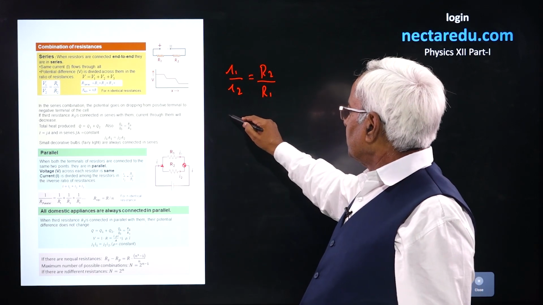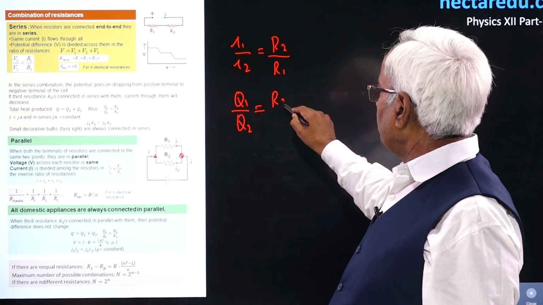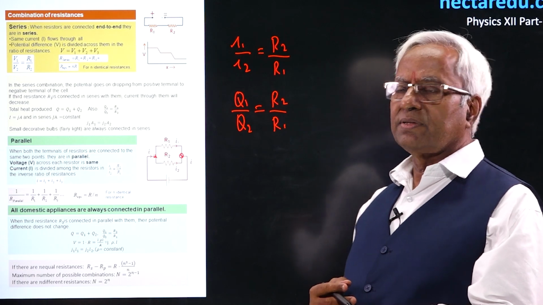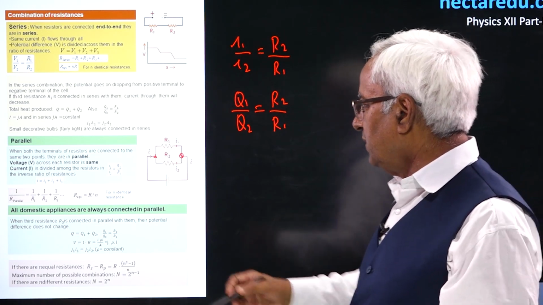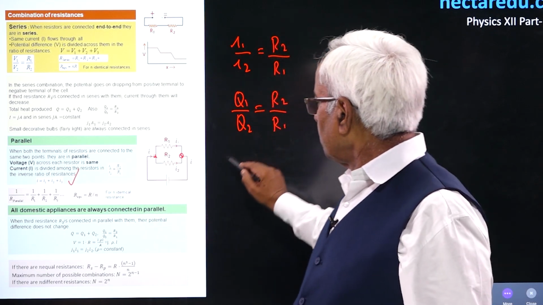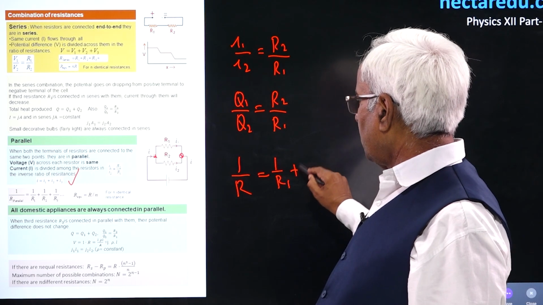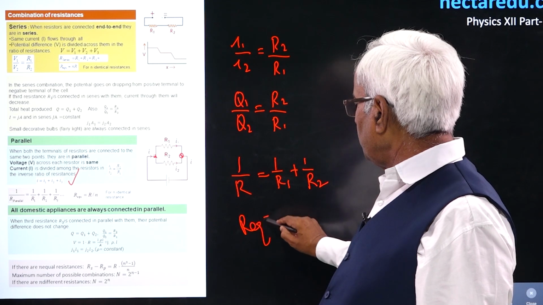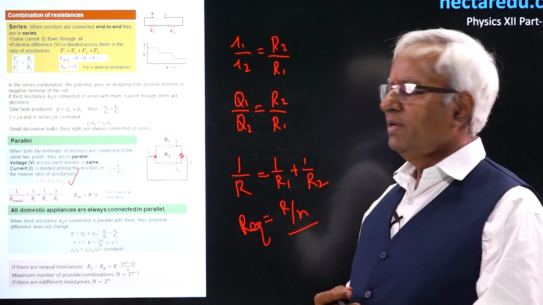Then the heat produced will also be in the same ratio. Heat will be added, Q1 plus Q2. The current will be added, I1 plus I2. The equivalent resistance you are going to get as 1 upon R1 plus 1 upon R2. The equivalent value you are going to have is R by n if there are equal resistances.